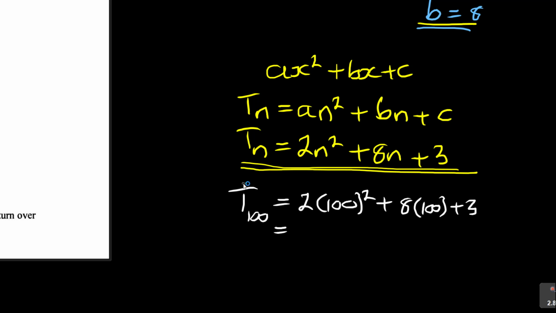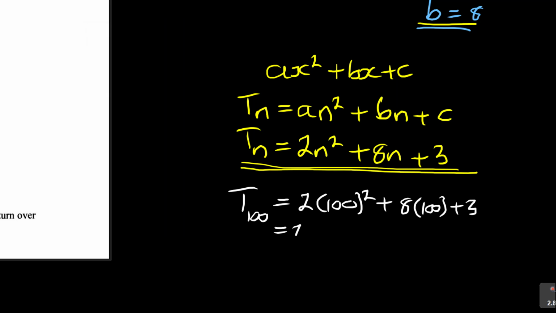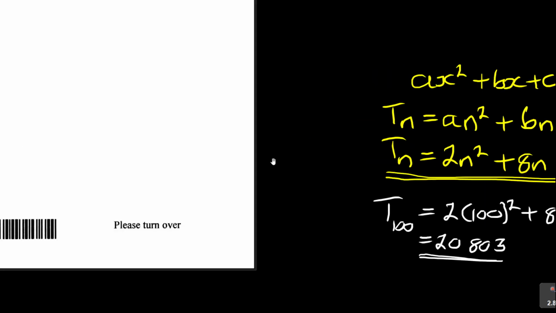And then do the same thing now where your calculator comes handy to say 200 squared plus 8 100 plus 3, which is 20,803. So that is your T100.